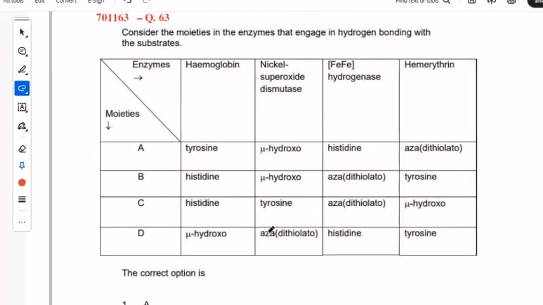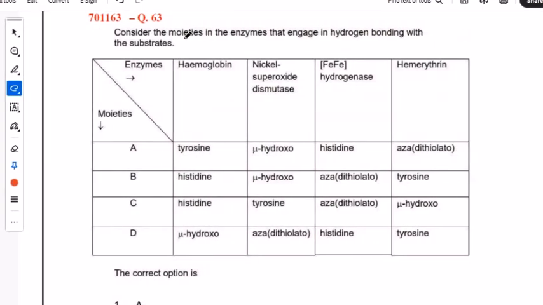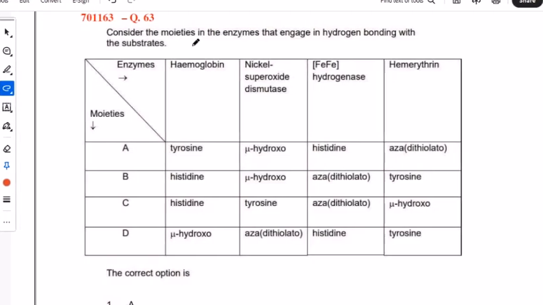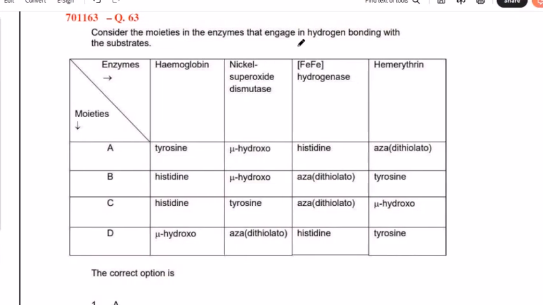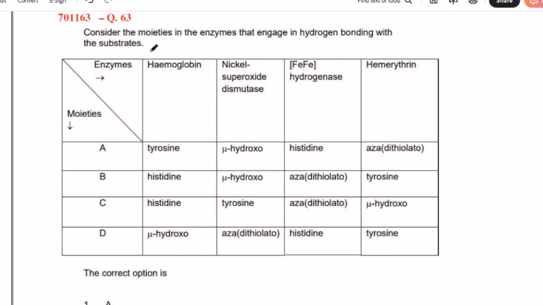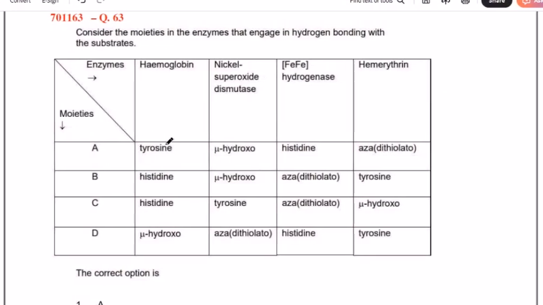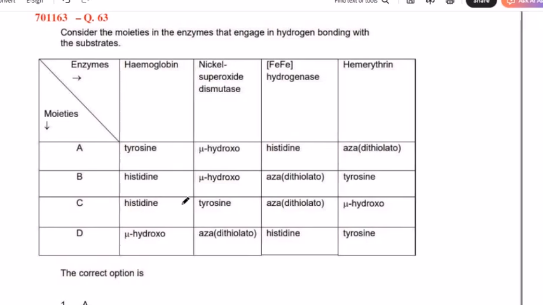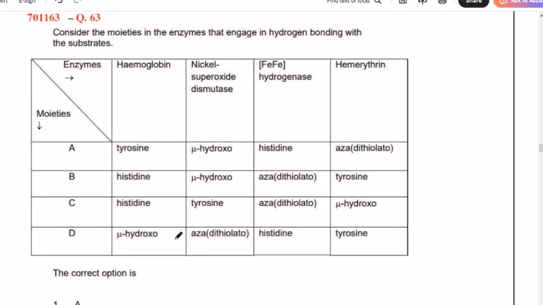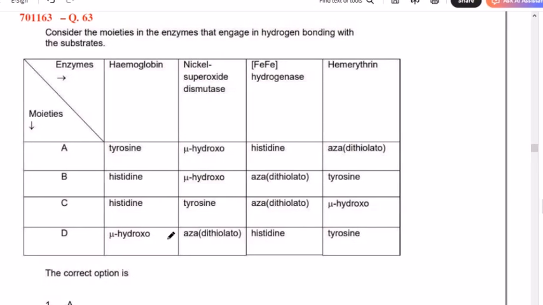Next, question number 63. Consider the moieties in the enzymes that engage in hydrogen bonding with the substrates. So here enzymes are given and moieties are given, that is A, B, C, D: tyrosine, histidine and mu-hydroxo.